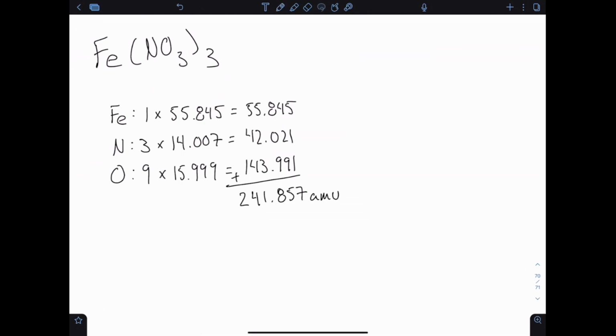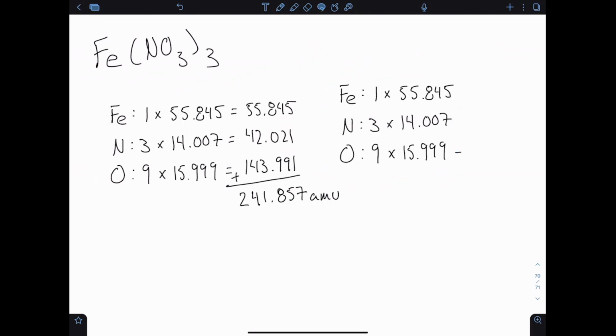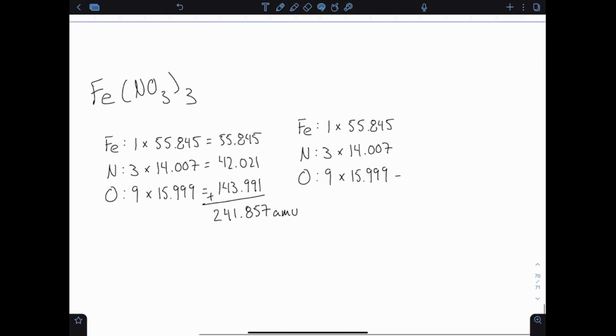Now, I will show you something else. The other way that you could do this, and this is a notation that I admittedly made up myself, but if we're doing this a lot, you don't need to write out this whole thing. You can do an arrow like this with the plus in it. To me that means I multiplied these and then added them all together, and that gives me 241.857.